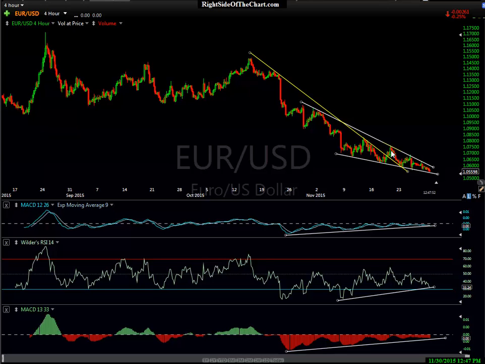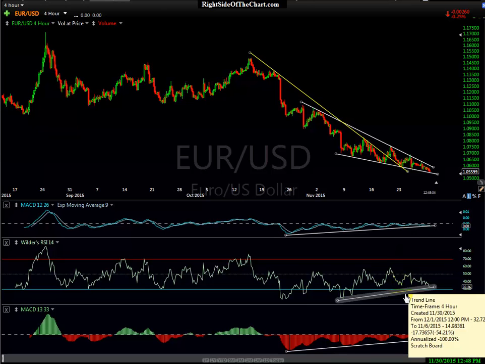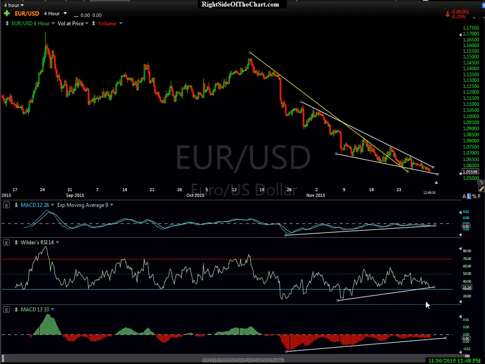So if and when this pattern breaks out, which I would suspect it will, and that is in large part confirmed by these bullish divergences down here, the MACD making higher lows, the RSI making considerably higher lows. This 13/33 EMA pair, which I like to use, works well on various time frames.